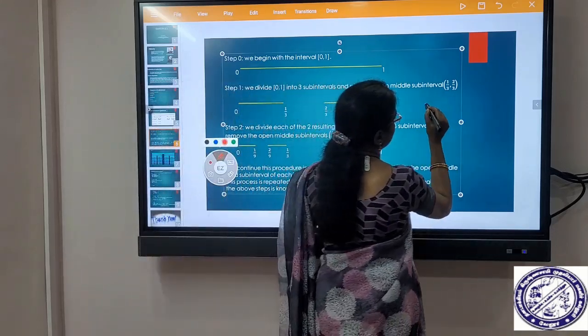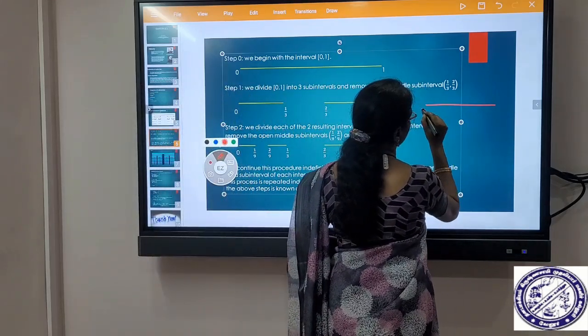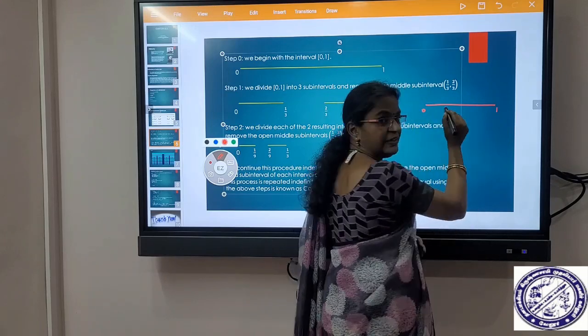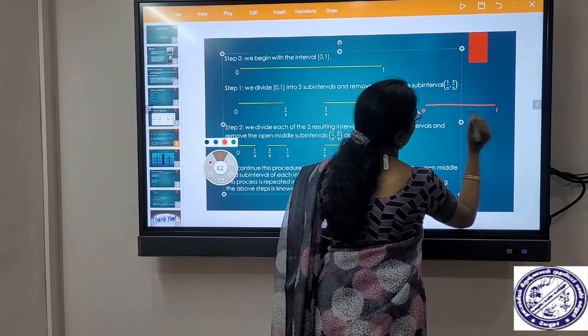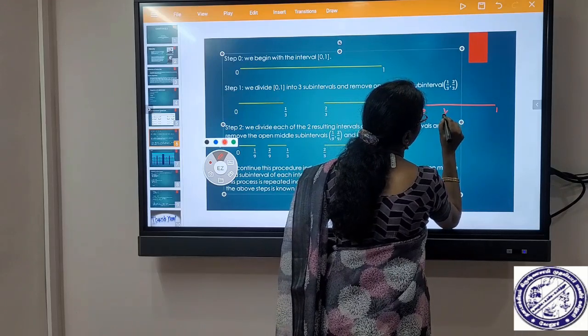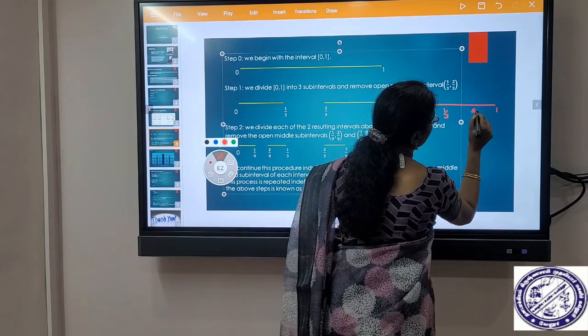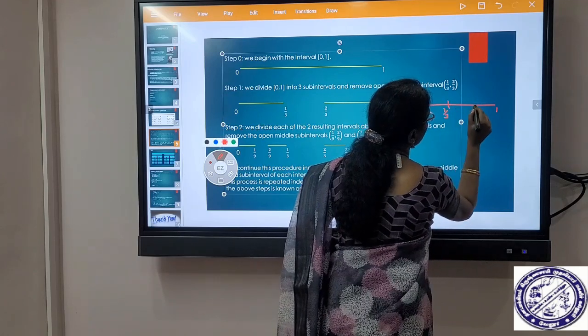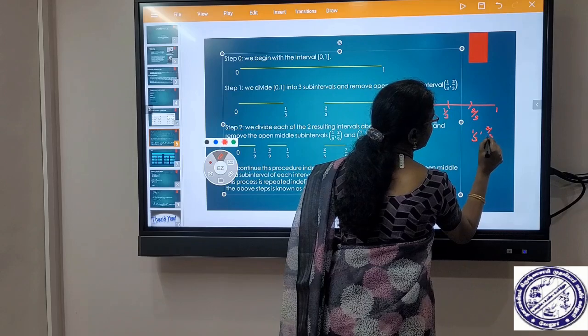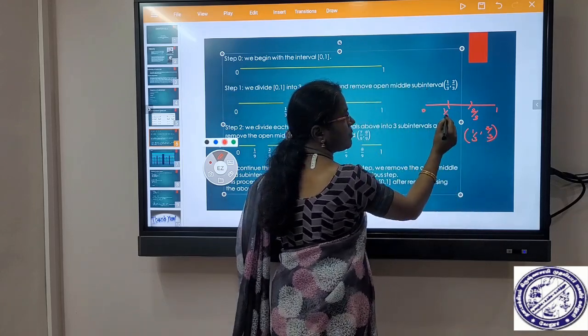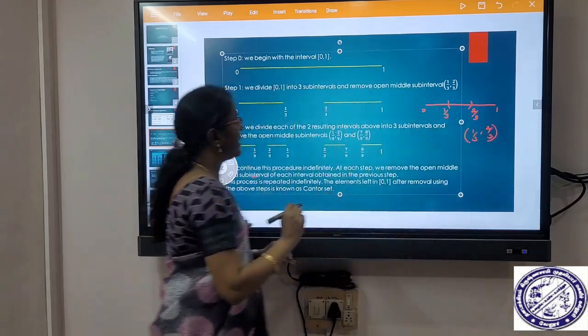So let us take this interval 0 to 1, and we divide this interval into 3 equal intervals, with points 0, 1 by 3 and 2 by 3. And we remove the interval (1/3, 2/3), and we retain [0, 1/3] and [2/3, 1].